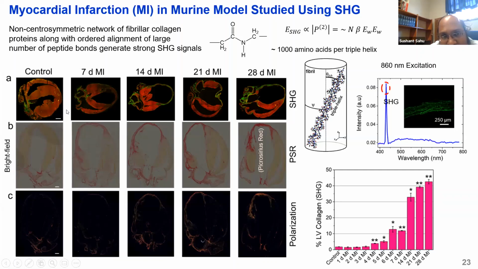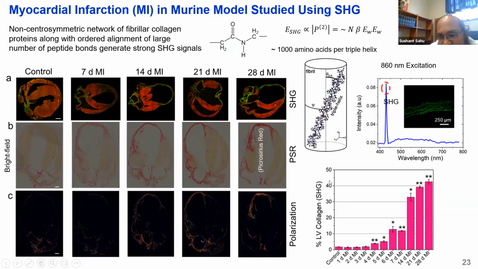Time-dependent progression of cardiac fibrosis was monitored over 4 weeks, and you can see that with increasing time points, after you induce the heart attack, you have thinning of the left ventricle as well as dilation. In the left ventricle, you can see the diameter increasing, as well as increased collagen deposition.